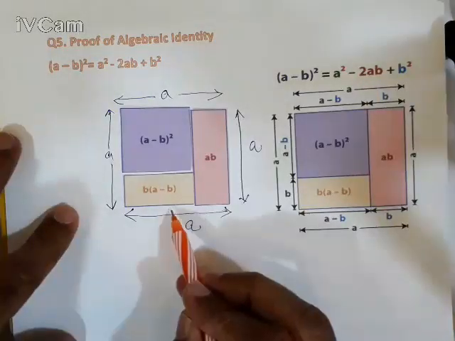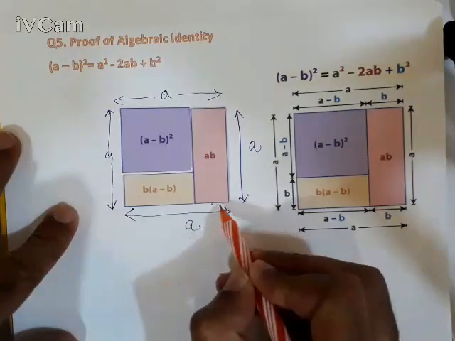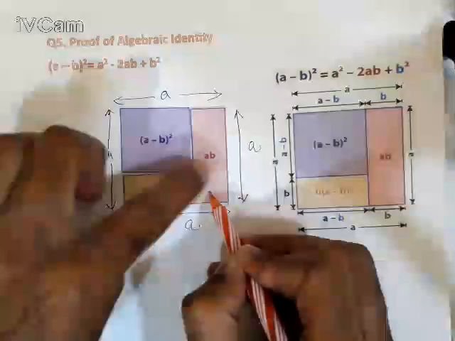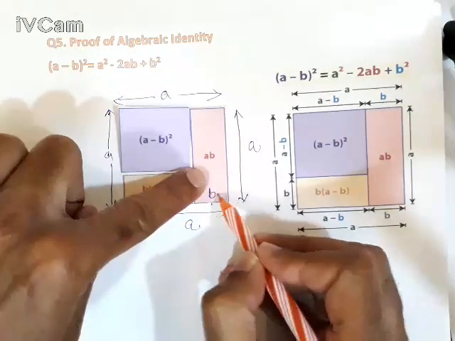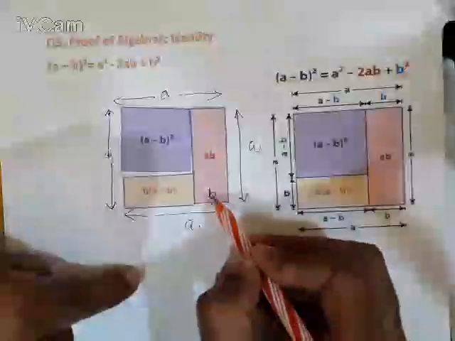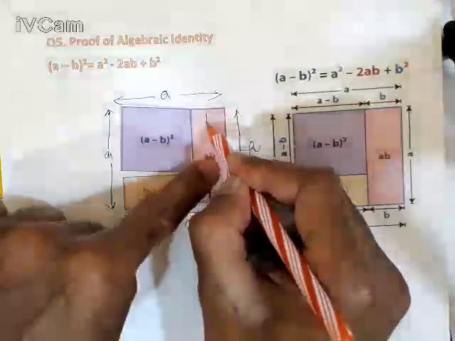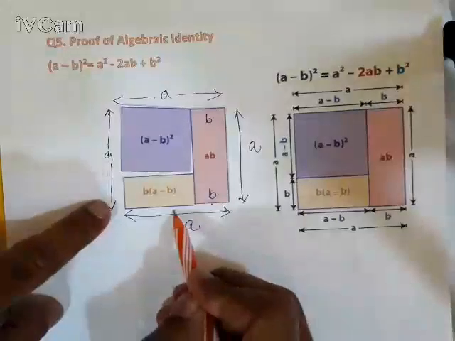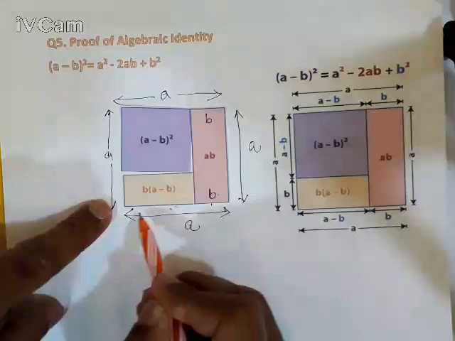Now how we will calculate this smaller portion? First of all we will say the name of this width of the rectangle is small b, and we know that if it is a rectangular shape and this width is b, obviously this one is also b. Now how can you calculate this complete length of the smaller rectangle?